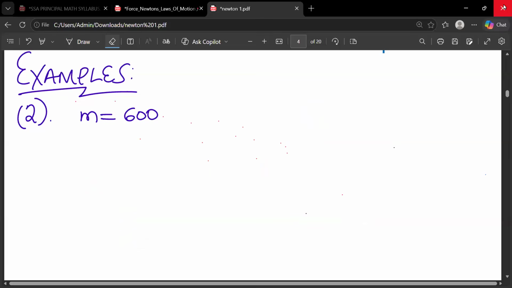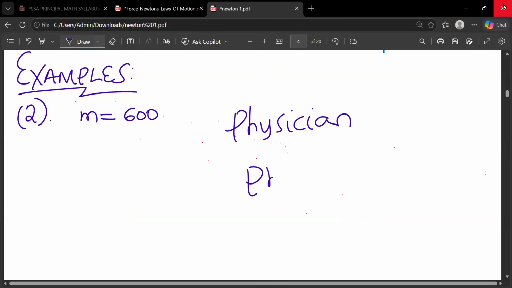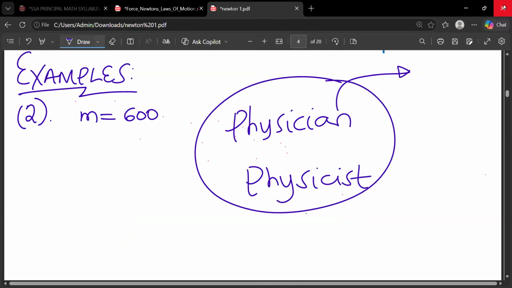And also yesterday we had an argument somewhere. There is a word physician, there is a word physicist. You tell me, of these two, which one is a student of physics? Who is a student, or a tutor of physics?